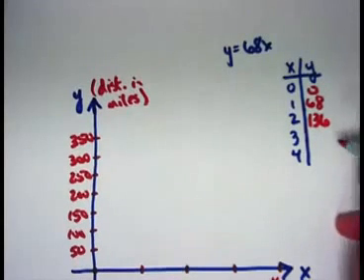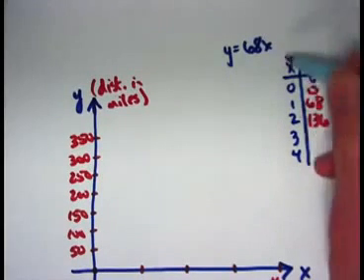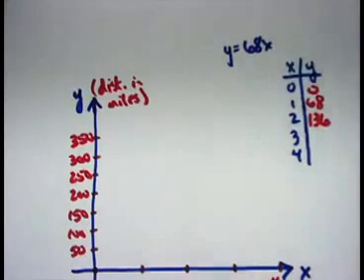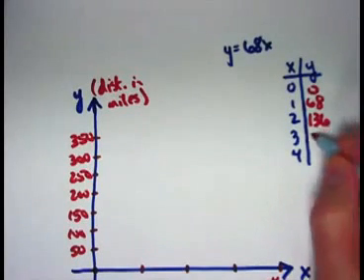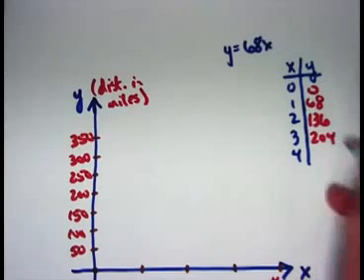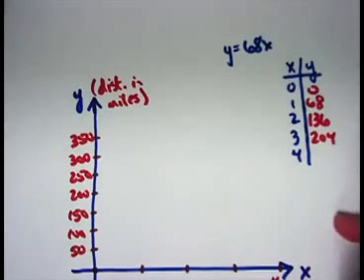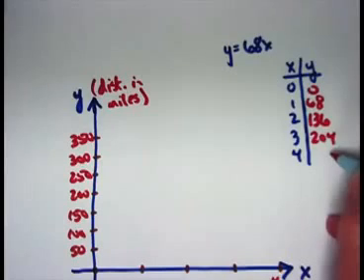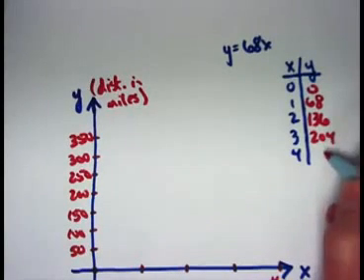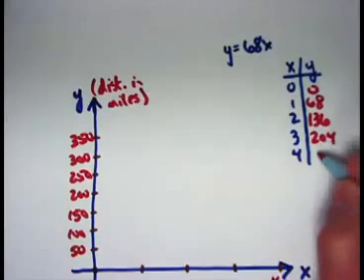So I put 136 there. Then I do it with 3 and 4. 68 times 3. Let's see, what will that be? 204, I believe. Is that right? I'm not sure. Yes, 204. And then 4 times 68, that's going to be 272.